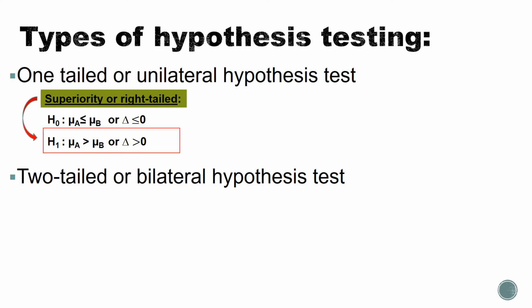We have the null hypothesis. The alternative hypothesis is what we are actually trying to prove. In our initial formulation, or in our research question, we are trying to say, for instance, that the mean age of population A is greater than the mean age of population B. In other words, the difference of the two means would be greater than 0.